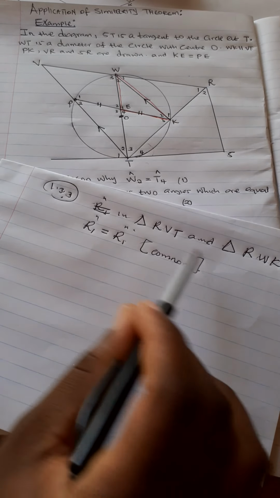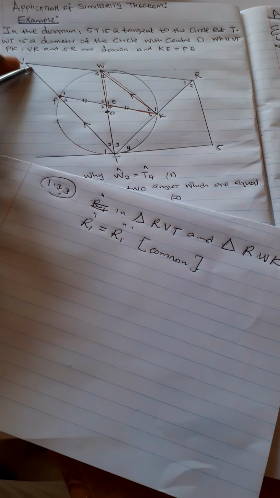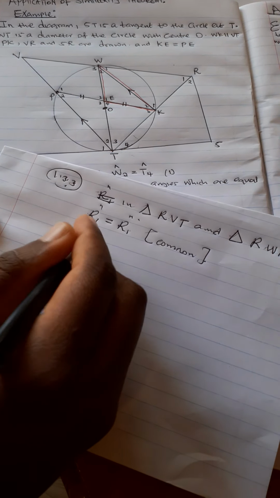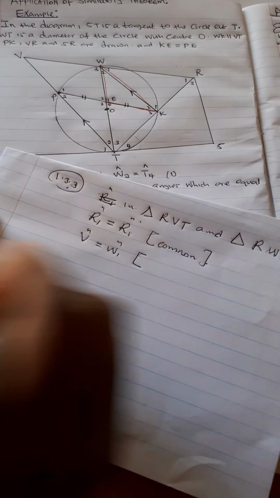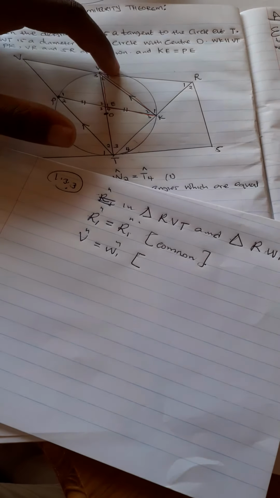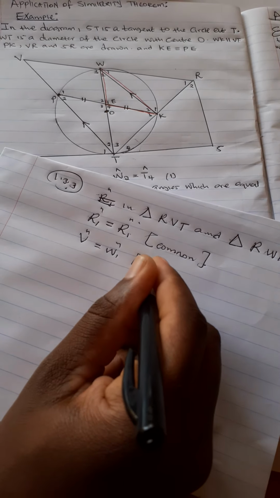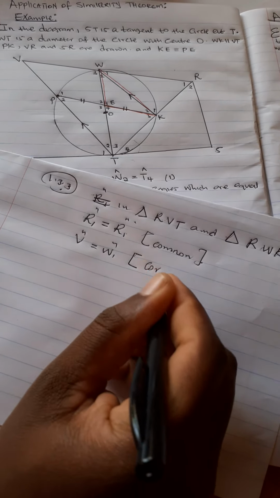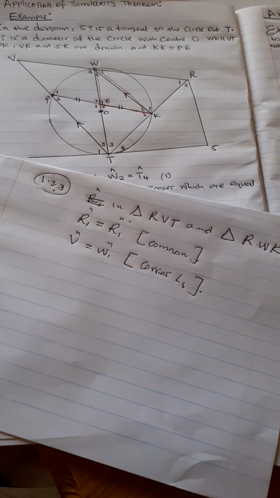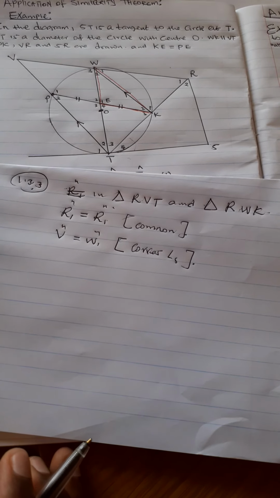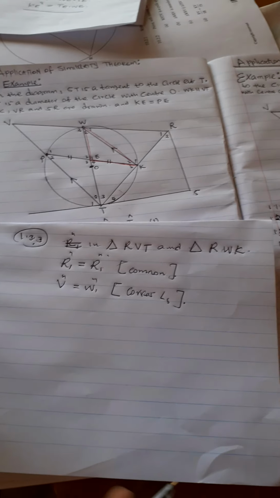Now, remember I told you the way these letters are pegged. Look at V and W. So we write V and W1. Why are V and W1 equal? You can see these lines are parallel, so we are dealing with corresponding angles. Then what about the last one?